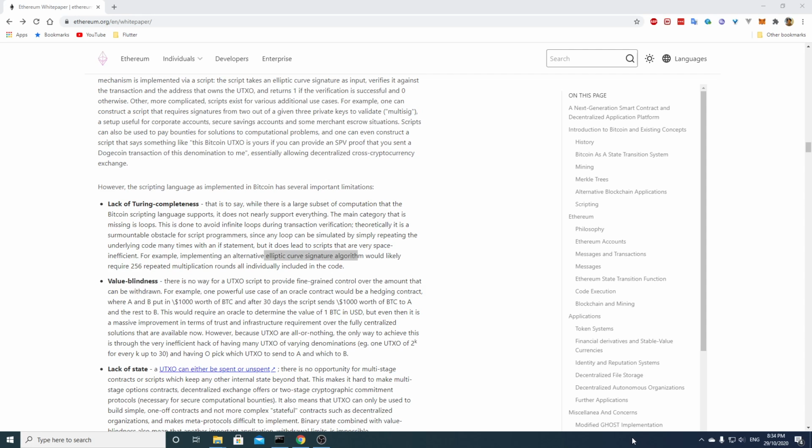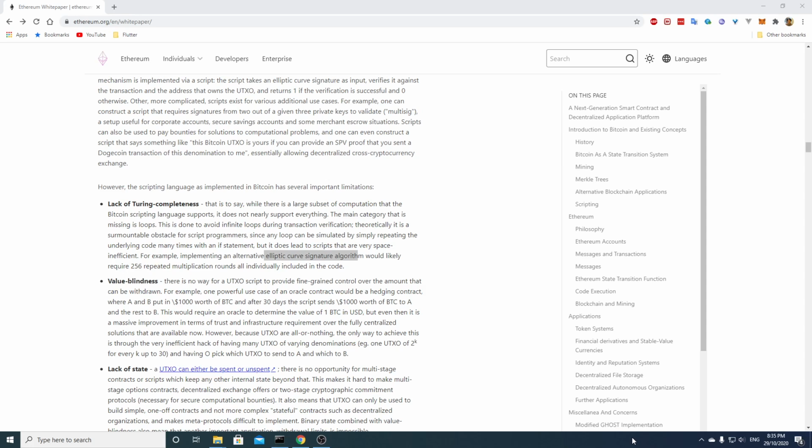For example, one powerful use case of an oracle contract would be a hedging contract where A and B put $1,000 worth of BTC, and after 30 days the script sends $1,000 worth of BTC to A and the rest to B. This would require an oracle to determine the value of 1 BTC in USD, but even then it is a massive improvement in terms of trust and infrastructure requirement over the fully centralized solutions available now.